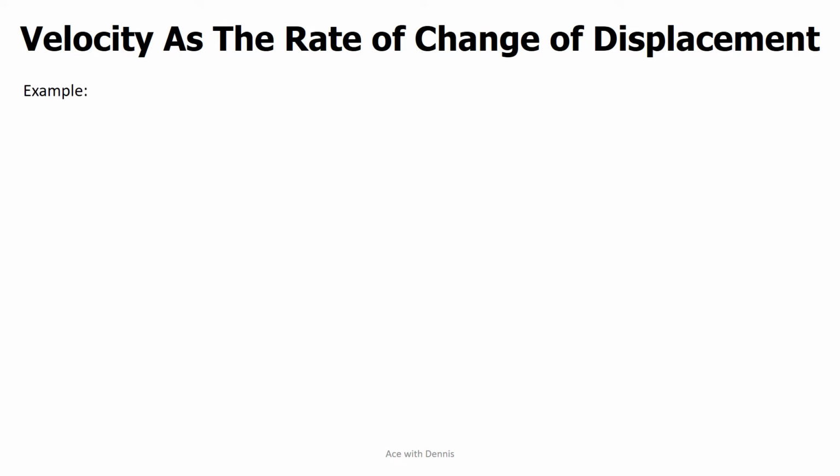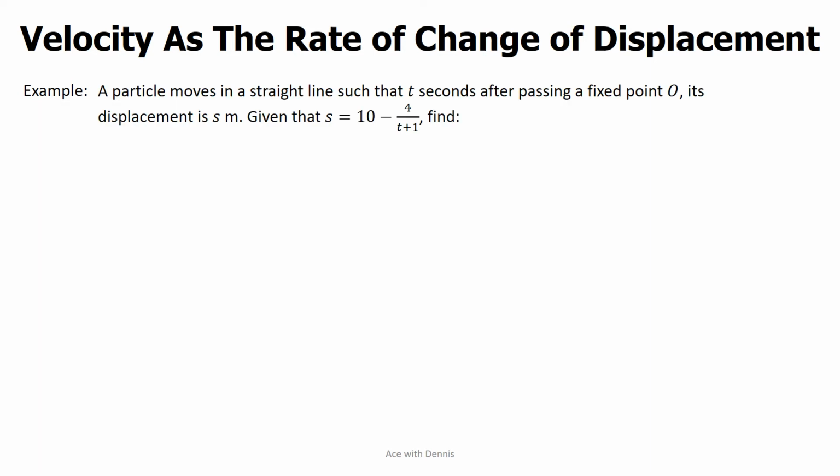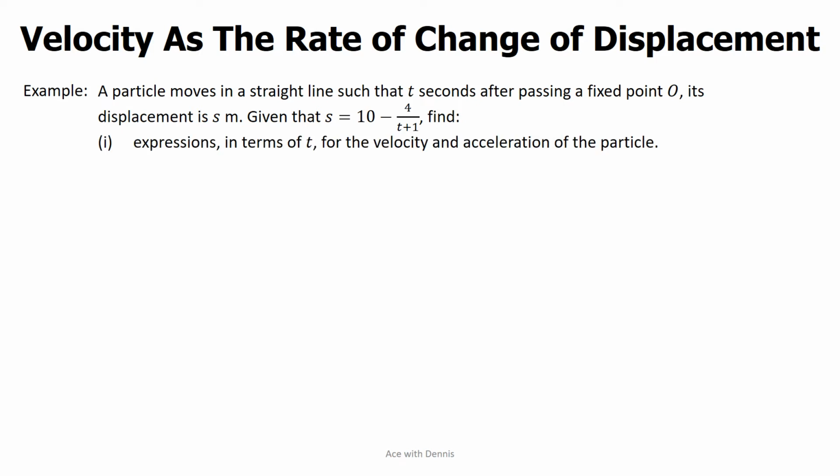Now, let's look at this example, which is related to velocity as the rate of change of displacement. Here is the question. A particle moves in a straight line such that t seconds after passing through a fixed point O, its displacement is s meters. Given that s equals 10 minus 4 over t plus 1, find 1.